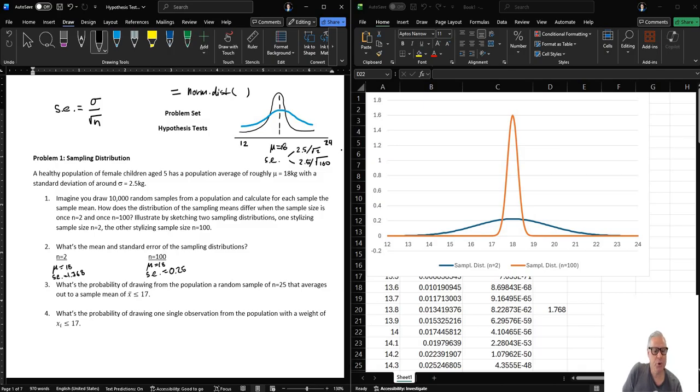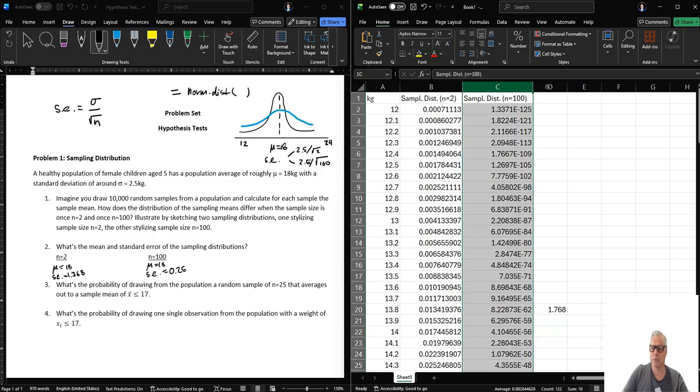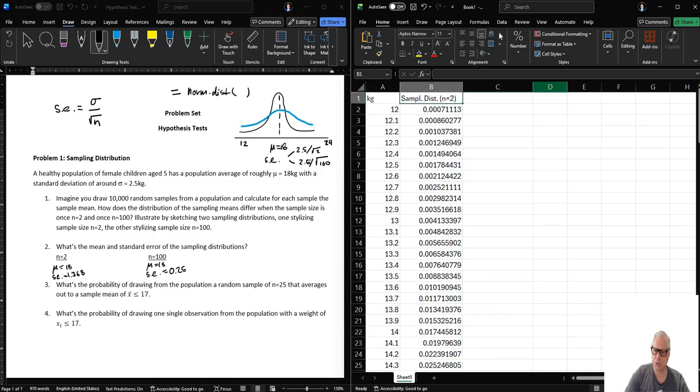Okay, so what's the probability of drawing from the population a random sample of 25 that averages out to a sample mean of x equals 17? Since we already have Excel open here, we can quickly create the actual sampling distribution for n equals 25.